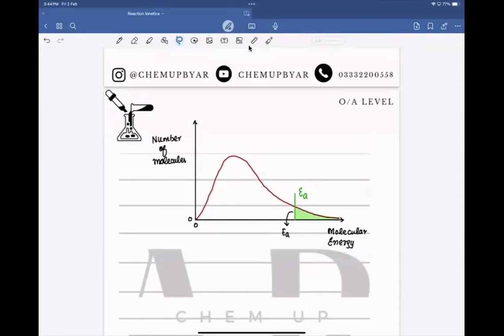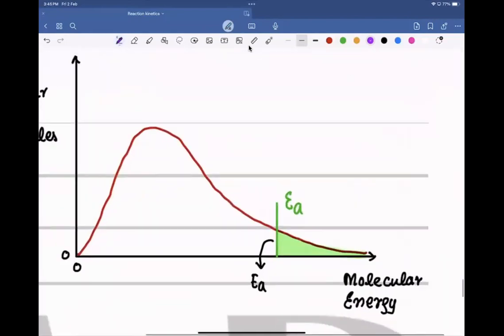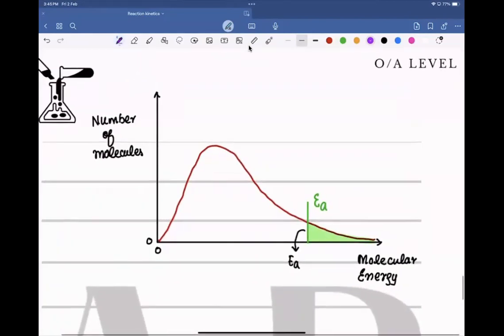Now here we are going to see the shape of the graph at higher temperature.